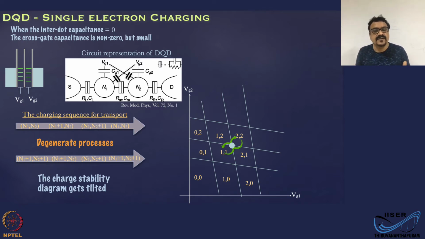That is still a cycle. But what happens is, because of the cross coupling, the perfectly square or rectangular looking stability diagram is going to get slightly tilted now.